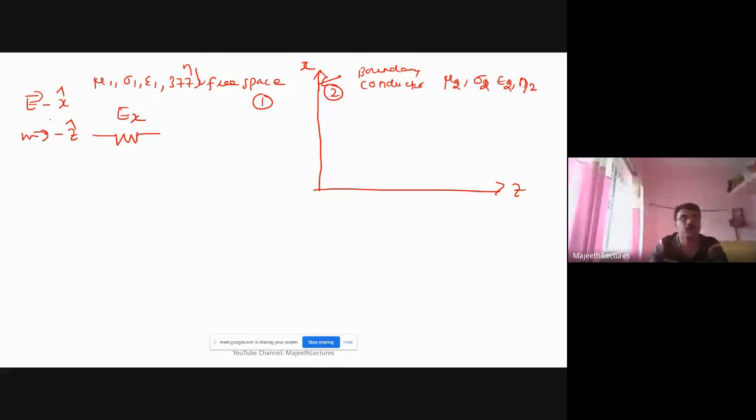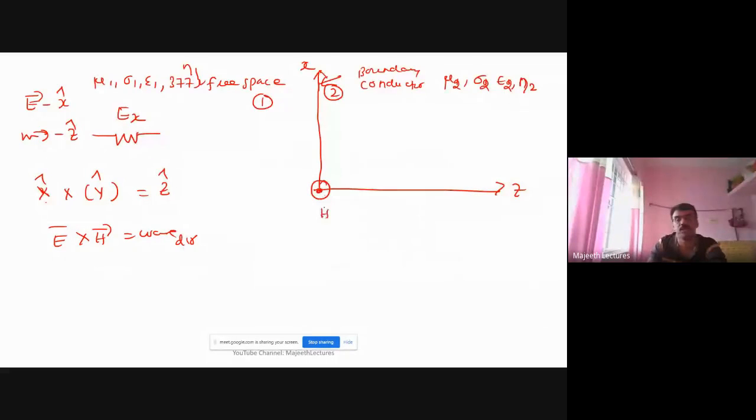So if E is in the x direction, what is the H direction? The wave is in the z direction, so x cross something should be z. What should be the H value? Y, because E cross H is equal to the wave direction, as per the Poynting vector. So H must be in the y direction, y meaning coming out.